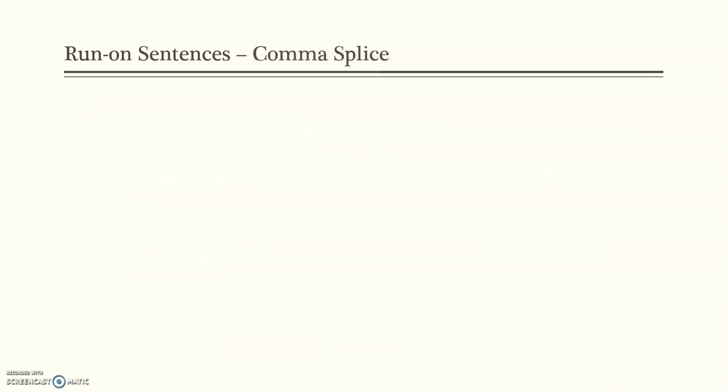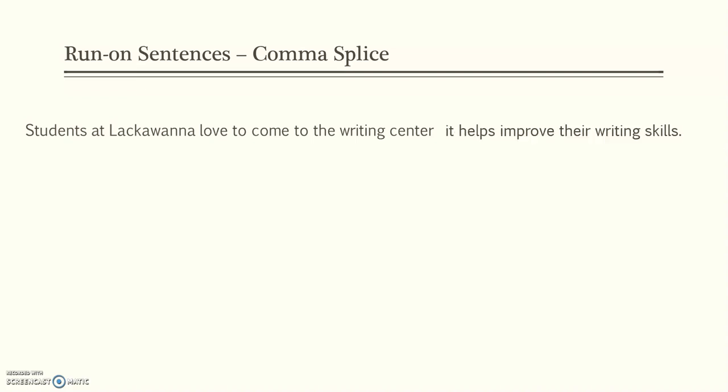The second type of run-on sentence is called a comma splice. Here we have the first example, students at Lackawanna love to come to the Writing Center. And we have our second example, it helps improve their writing skills. We have determined that both of these are independent clauses that can stand on their own without being joined with another sentence.